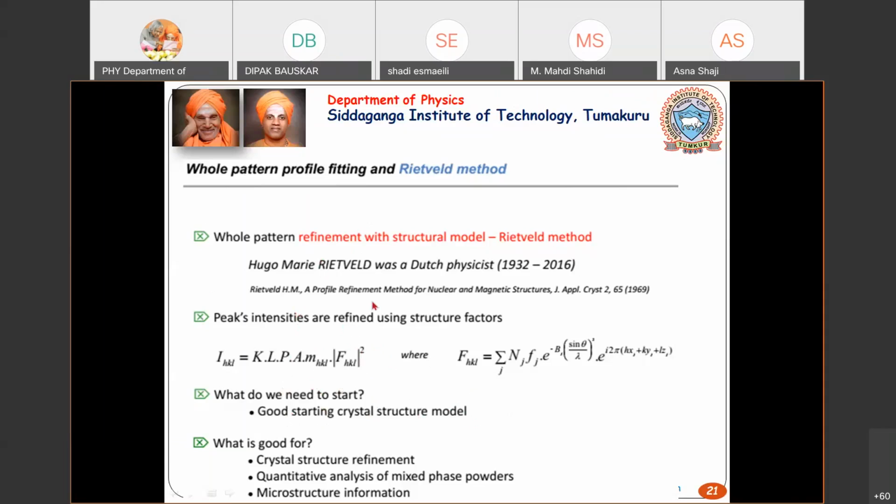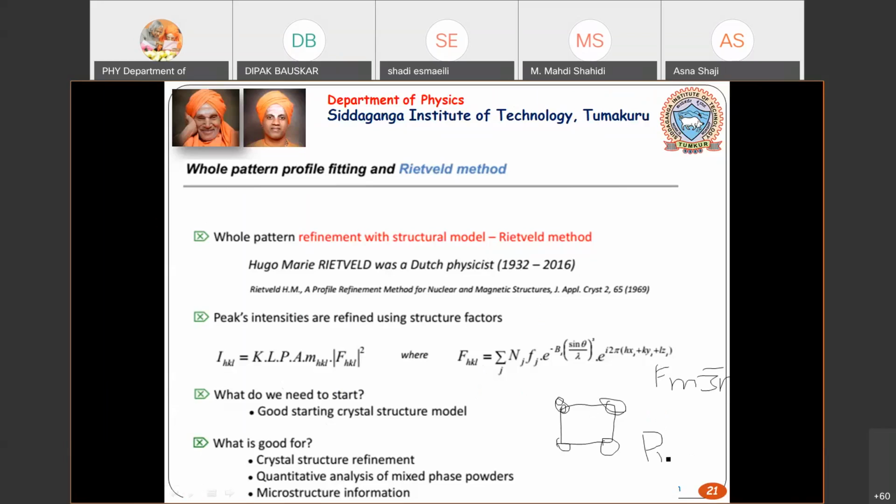For example, if I have a simple cubic, which is your primitive cell, and I use Fm-3m, then I'm starting with a wrong model, because Fm-3m is face-centered cubic, but your sample is primitive, which is simple cubic.